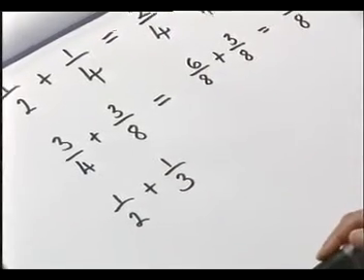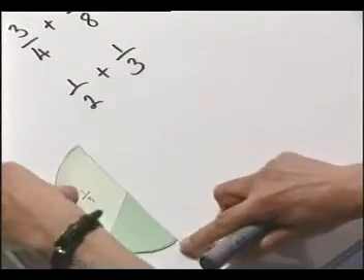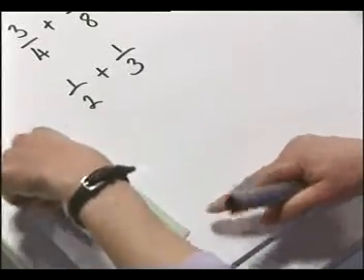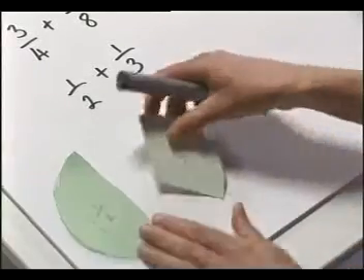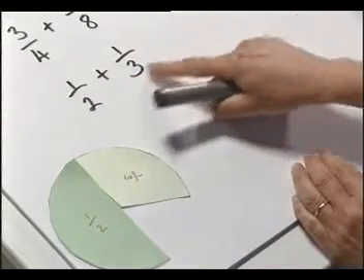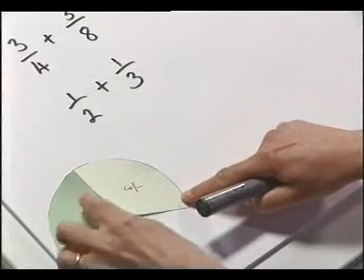So what we're wanting to add together is a half plus a third. Now, if we tried to turn the half into thirds, we'd have difficulty because it doesn't fit a whole number of times.